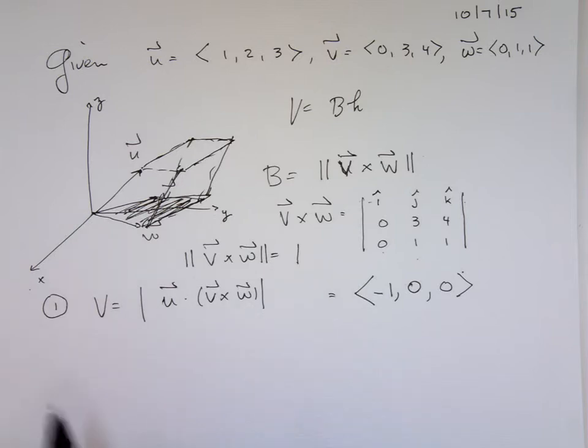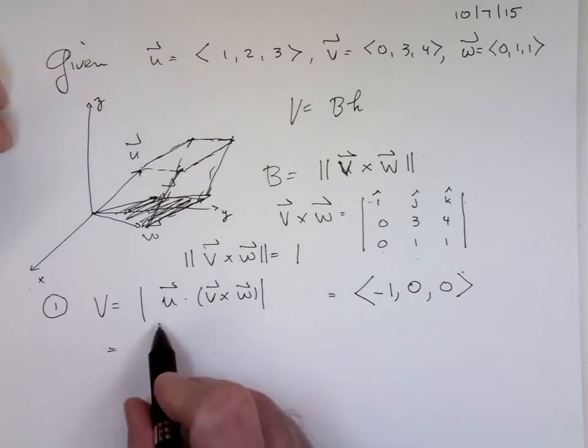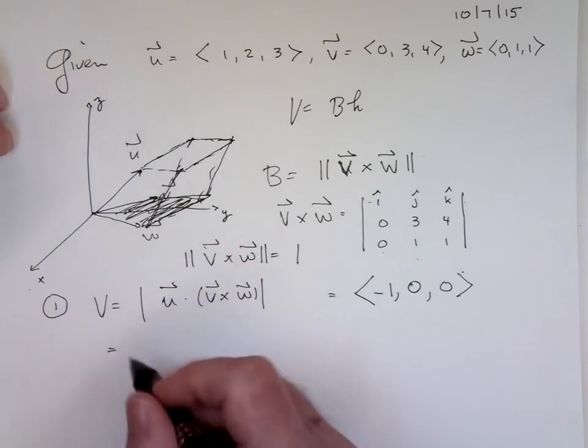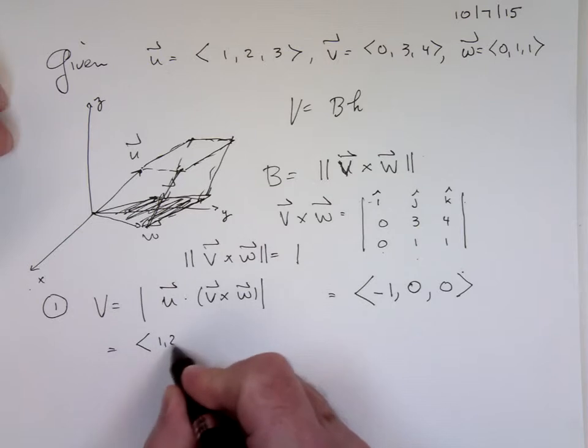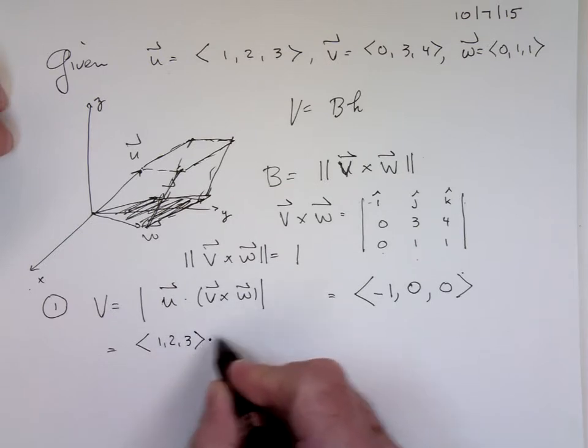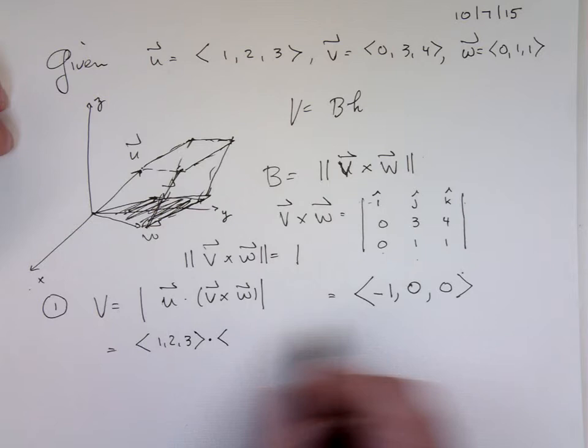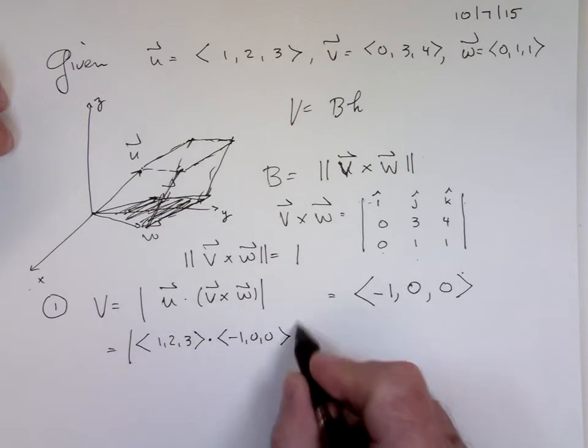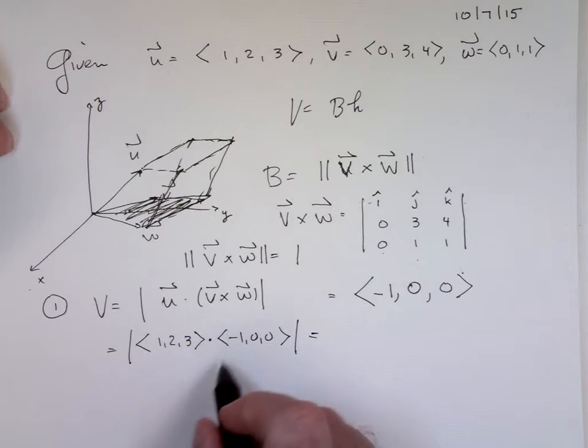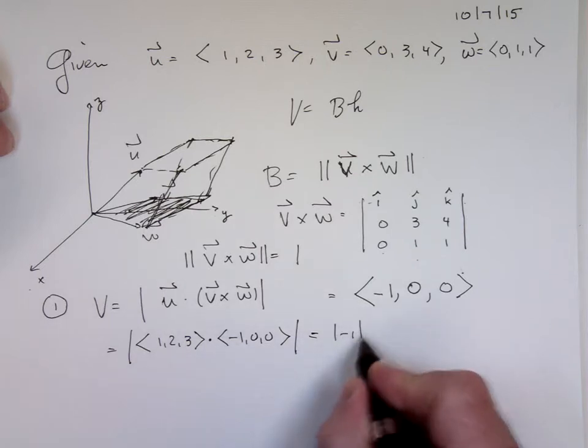But the absolute value will be the correct volume. So what do you have? U, which is (1, 2, 3), dot V cross W, take its absolute value, and we end up with a negative 1, which is 1.